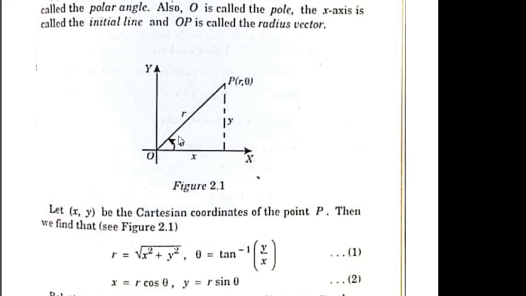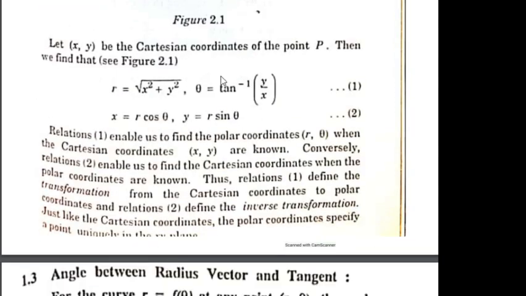Similarly, cos theta is adjacent side by hypotenuse. Adjacent side is x, hypotenuse is r, so cos theta is equal to x by r. Cross multiply, then x is equal to r cos theta. So these are the relations between Cartesian coordinates and polar coordinates.